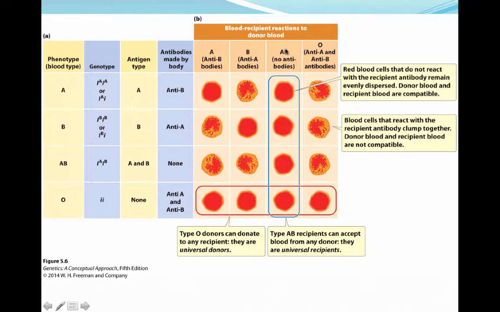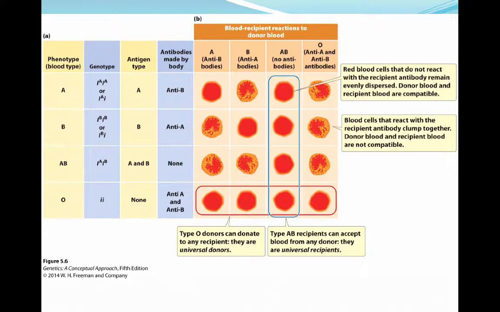So the way that this plays out is that we end up with the blood type AB, and because both alleles are actually expressed here, no antibodies are going to be present. So these AB recipients can actually accept blood from any donor. It doesn't matter if they're A, B, or O, because their red blood cells are not going to react with any of the blood types.